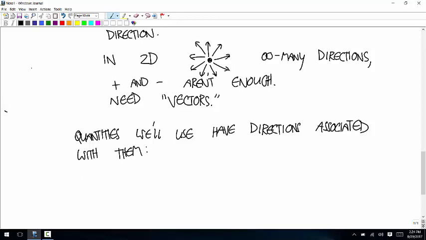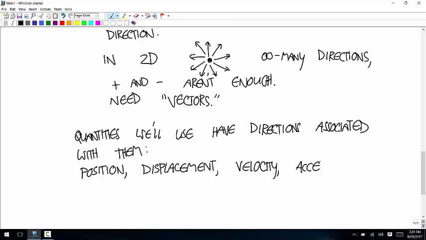And the ones that are going to be important for us are position, displacement, velocity, and acceleration.